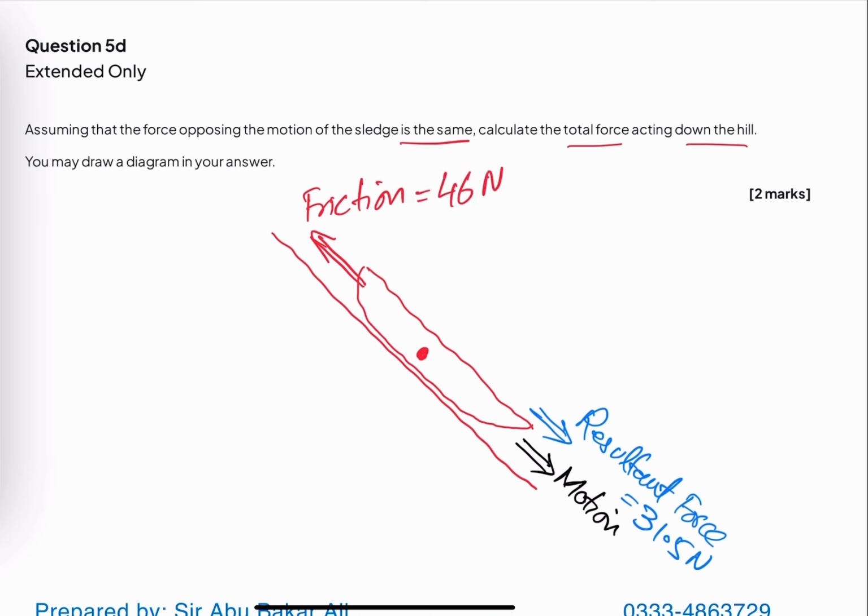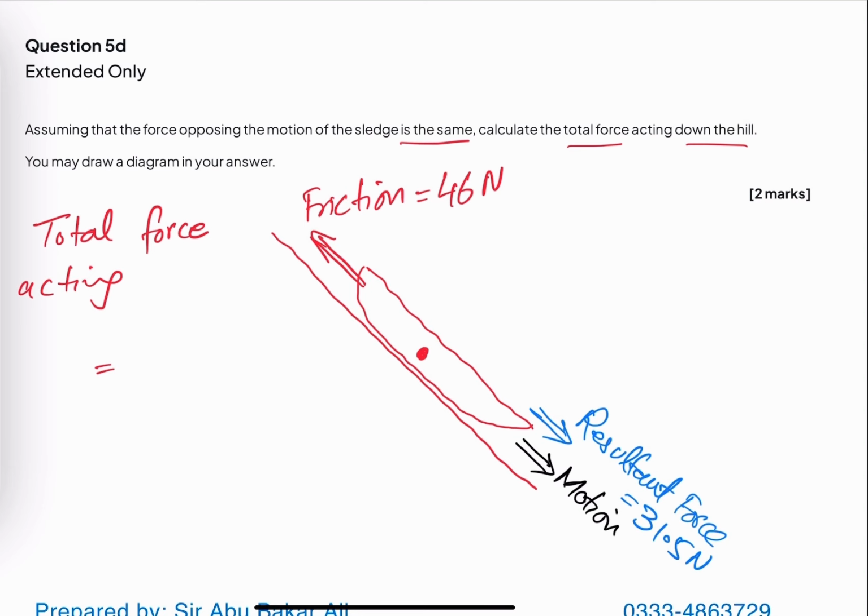Okay, so total force acting downhill is... okay, we can make an equation for the resultant force first.